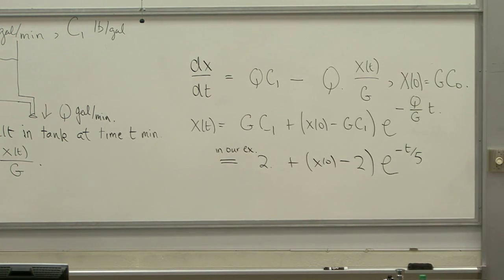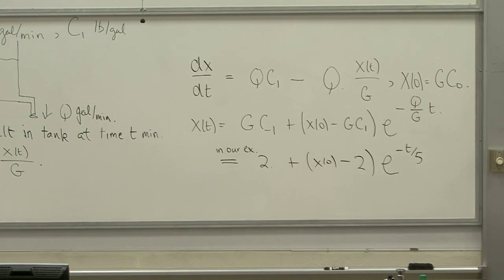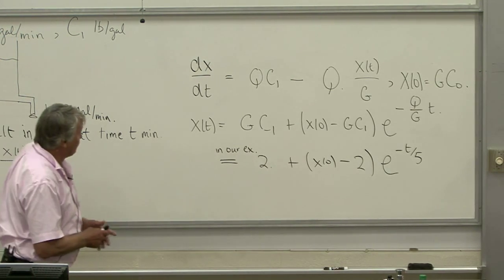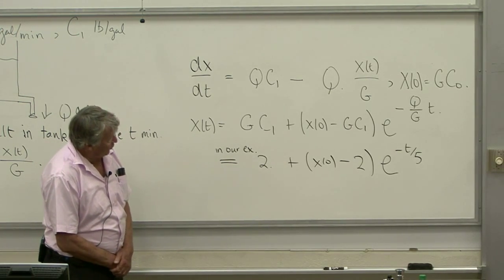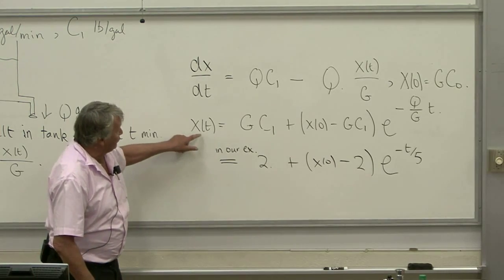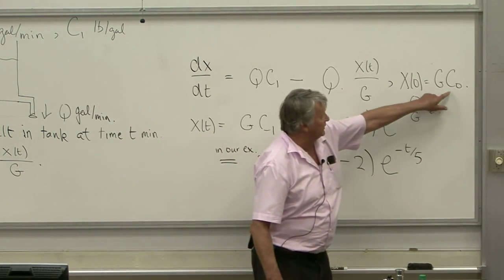So now the question is, supposing you wanted to use direction fields on this, how big are the x's going to be? Well, first of all, we start off with an x of gc0.